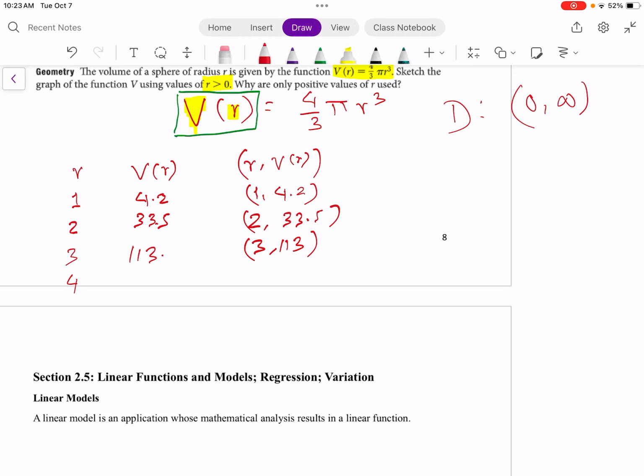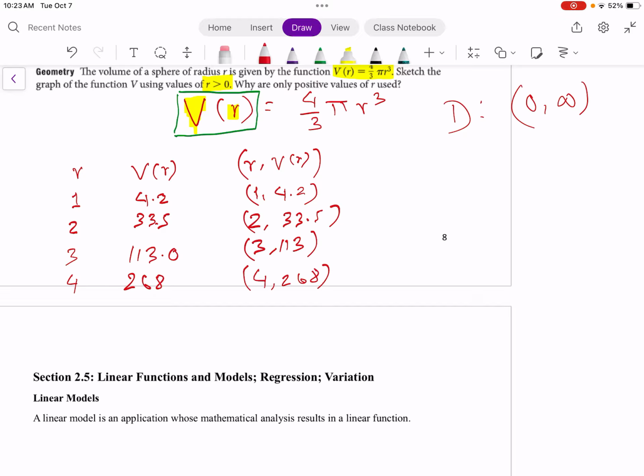Let's take 4. Then we should be good. So when our r is 4, what do we get as a volume? About 268, rounded up. Okay, 268. So we have 268.